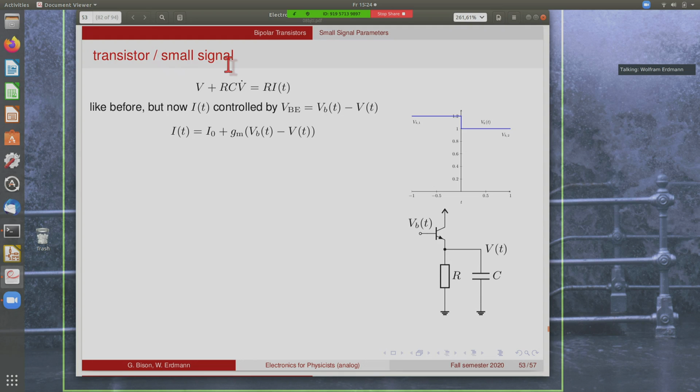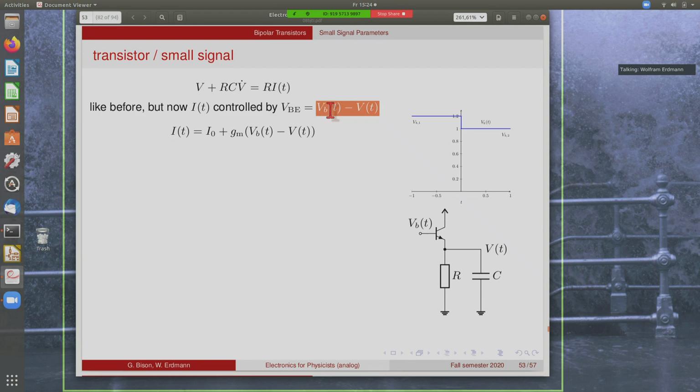Now instead we look at the small signal picture of the actual transistor. So we have the same differential equation here. The voltage plus RC times the derivative of the voltage is the resistance times the current. But this time the current is controlled by the base emitter voltage, and it's not just a step function. What we change as a step function is the input voltage to the base.